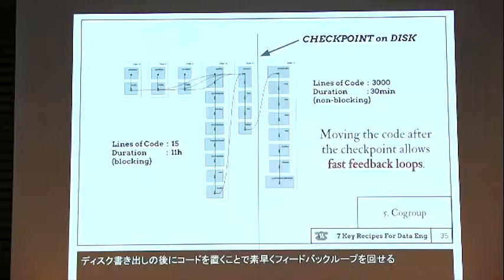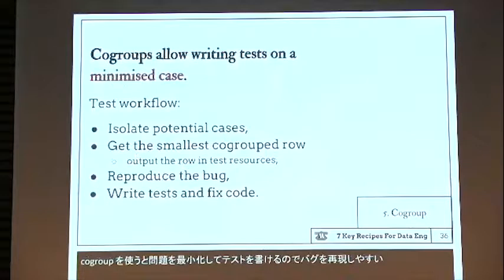So you are separating the distributed operation of joining the data, like grouping data together, from the data transformation that you map out just after. With that, you can write tests on minimized cases.